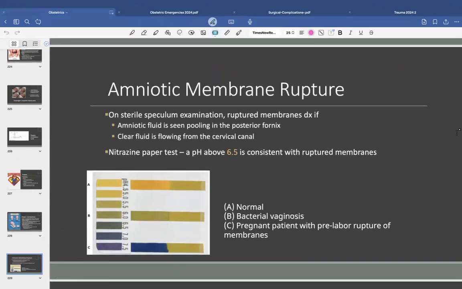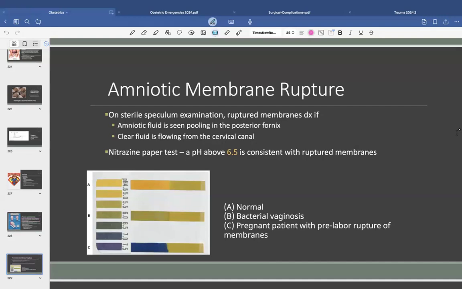So you're gonna do a sterile speculum exam. Again, you're looking for pooling of amniotic fluid in the posterior vaginal vault. Usually you'll see clear fluid flowing from the cervical canal. You can do a nitrazine paper test, which is at the bottom.